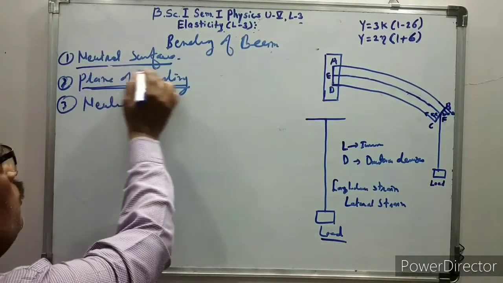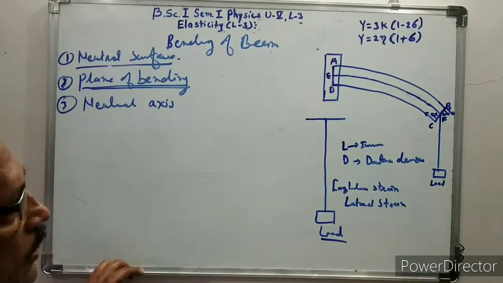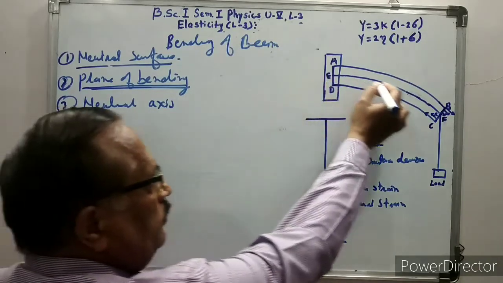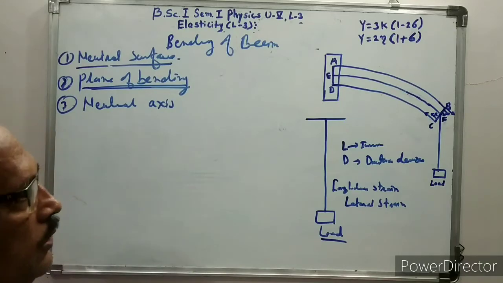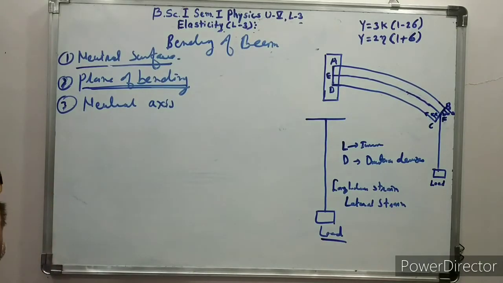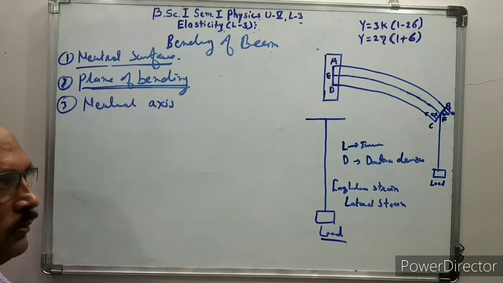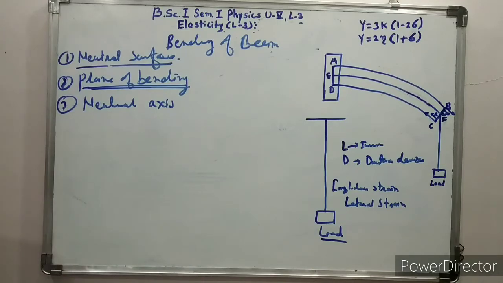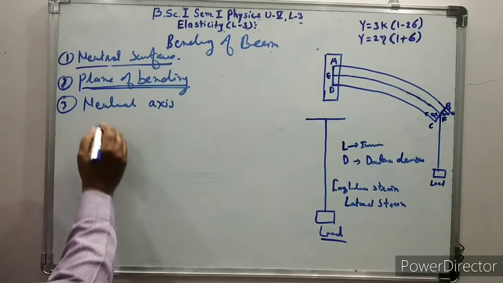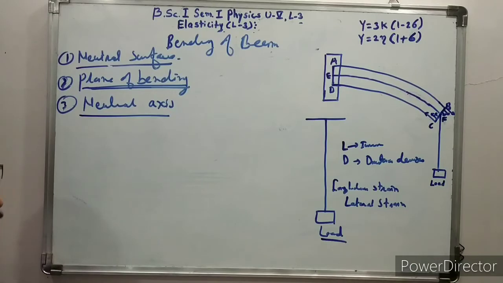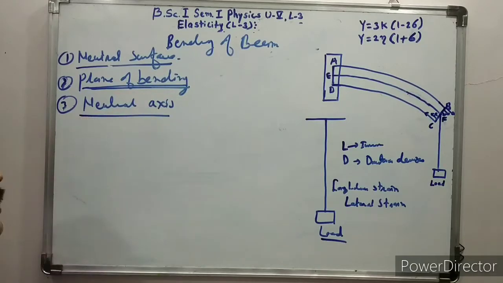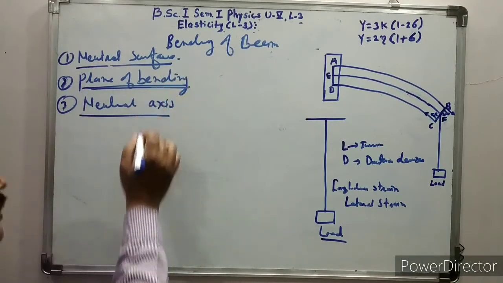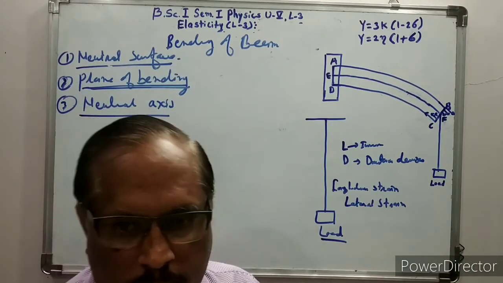It is the neutral surface: the surface or the layer in the middle of the beam which neither elongates nor contracts but remains of the same length. Plane of bending means the plane in which the beam bends. And last is the neutral axis. It is the line of intersection of the plane of bending and the neutral surface. So let us stop here. Thank you.